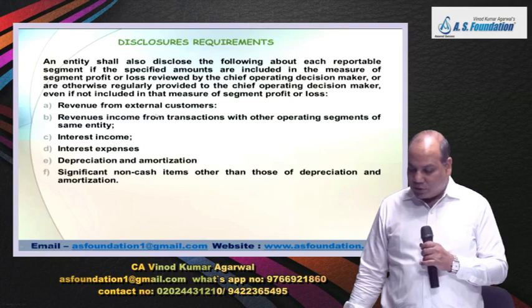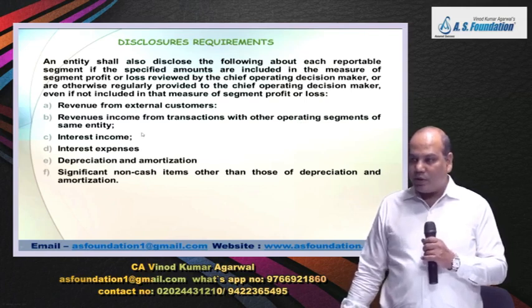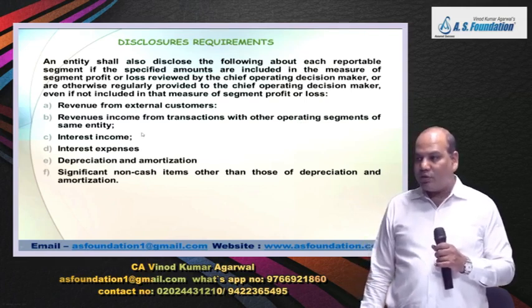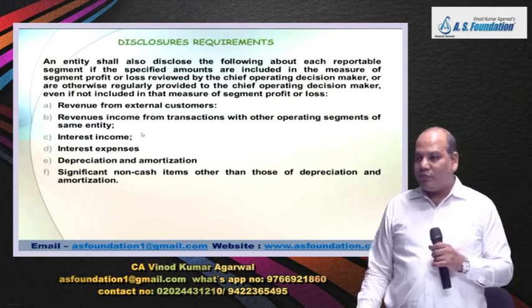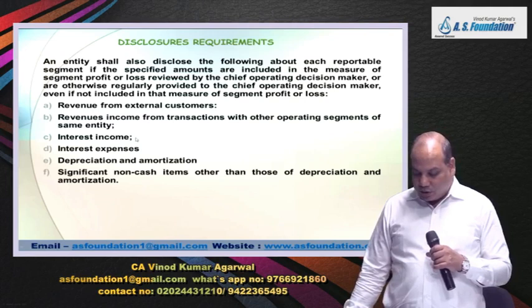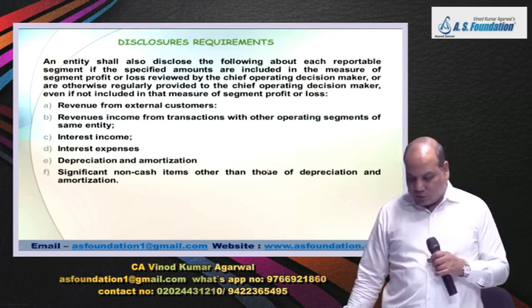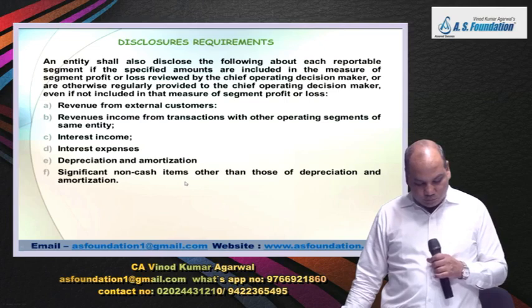Example: revenue from external customer, revenue from transactions with other operating segments of the same entity. So this we will call sale from external party, inter-segment sale. You have to disclose interest income, interest expense, depreciation and amortization, and significant non-cash items other than depreciation and amortization.